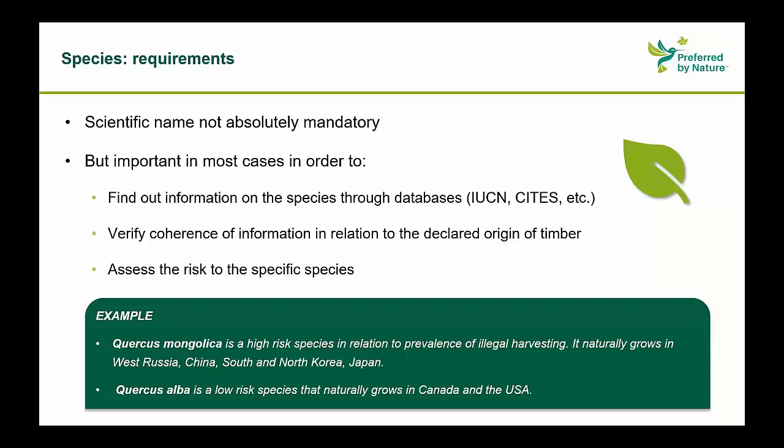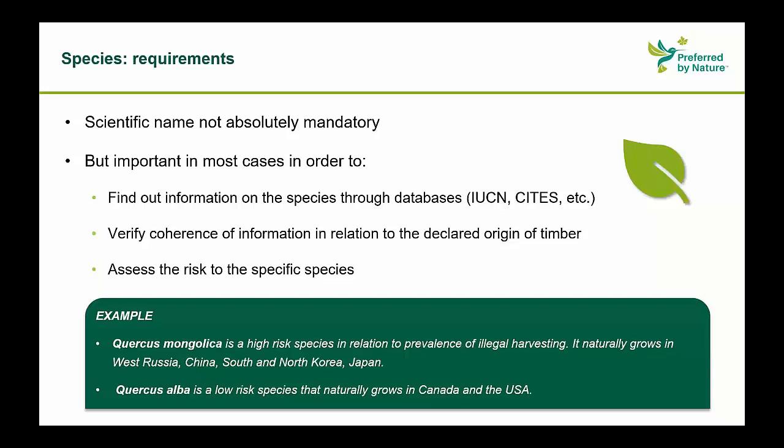First thing, which is a bit tricky, is that the scientific name is not an absolutely mandatory requirement of the regulation. But the trick is the regulation says it is mandatory where there can be confusion with the common name, which, truth be told, is kind of all the time. It's very rare, though it can happen sometimes, that there's not a lot of confusion possible based on the common name.